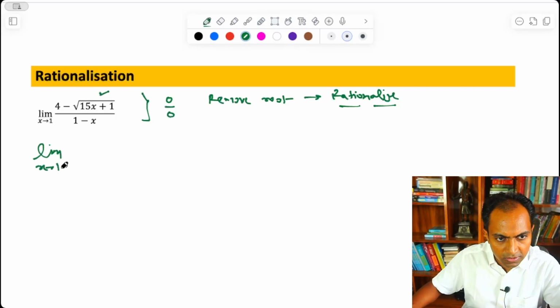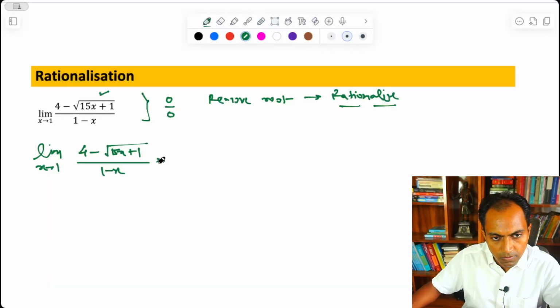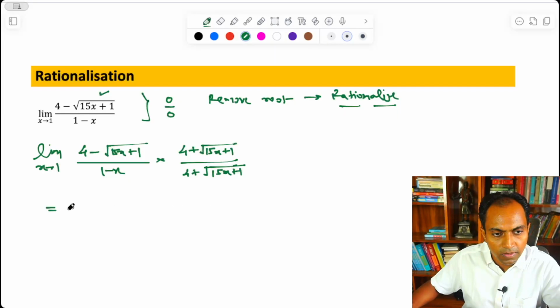So if I have limit x tends to 1, 4 minus root of 15x plus 1 by 1 minus x. So what we can do is we can multiply and divide by 4 plus root 15x plus 1. If I simplify this, this becomes limit x tends to 1, 16 minus 15x minus 1 divided by 1 minus x.